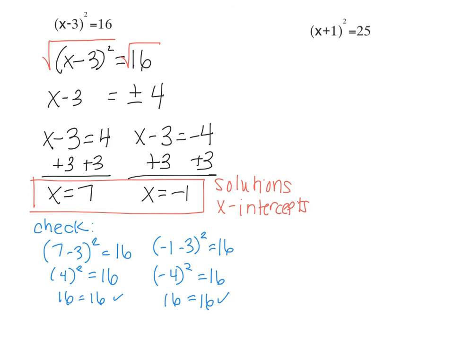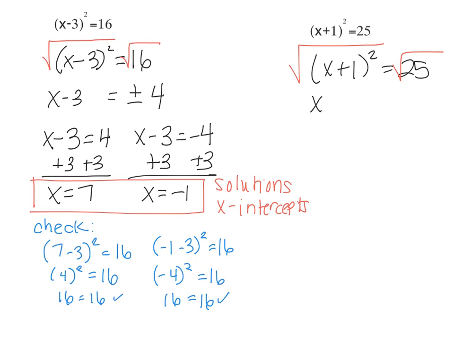So let's try the problem on the right over here. All right. Is the squared term by itself? Yes. Okay, so what I'm going to do now is take the square root of both sides. So I have (x plus 1) squared equals 25, and I am going to write in the square root, meaning I have to physically put it in there to solve this.